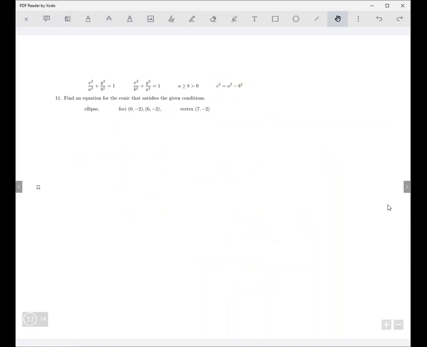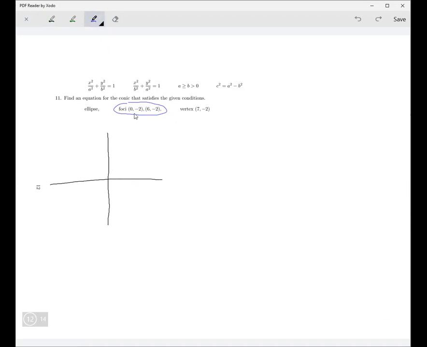Okay, let's move on to number 11. So here again we have an ellipse, and this time it only gives you one of the vertices, but here are the foci. So let's go ahead and graph it and put the foci on. So 0, negative 2, that's going to be down here.